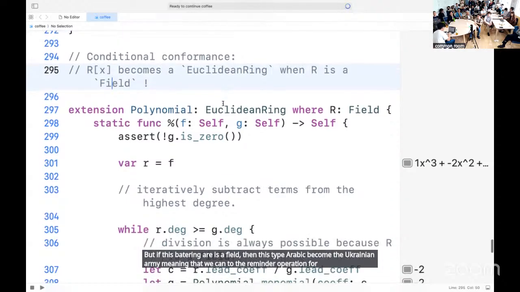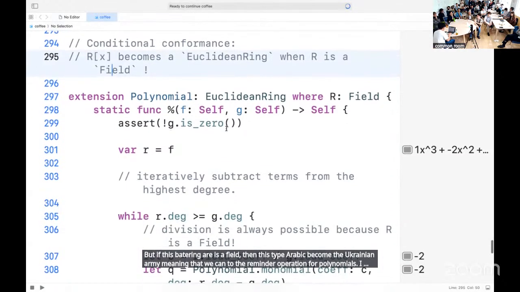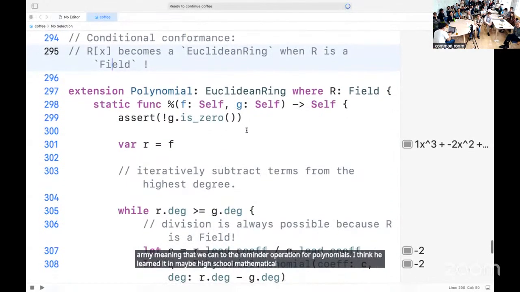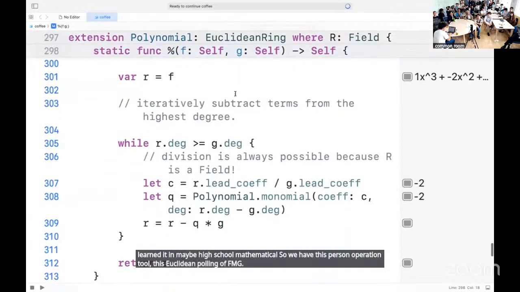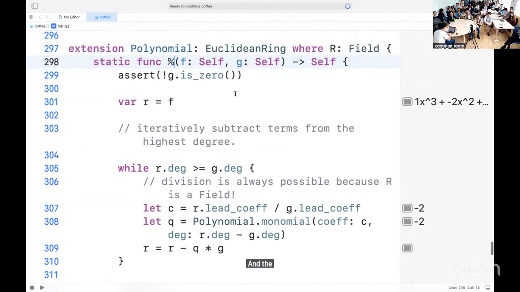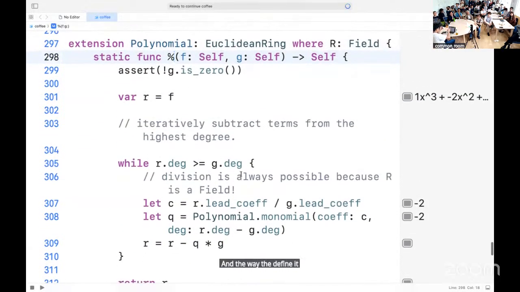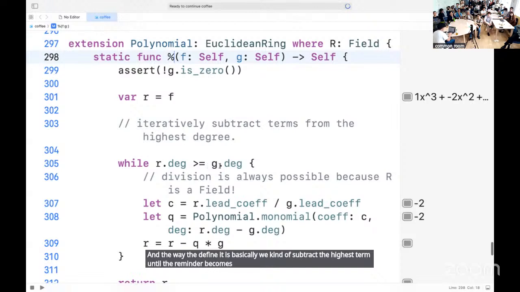I think you learned it in maybe high school mathematics. So we have this percent operation for the polynomials f and g. The way we define it is basically that we subtract the highest term until the degree of the remainder becomes strictly lower than that of the divisor g.